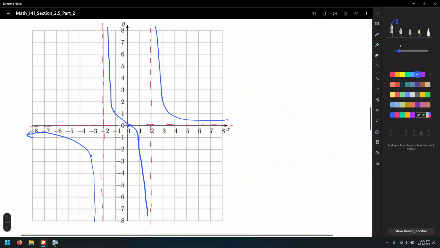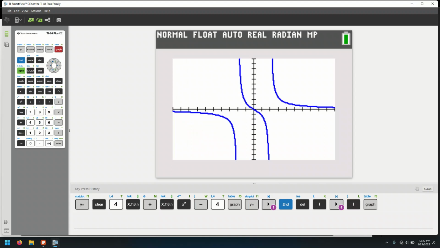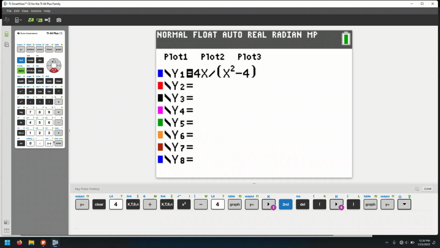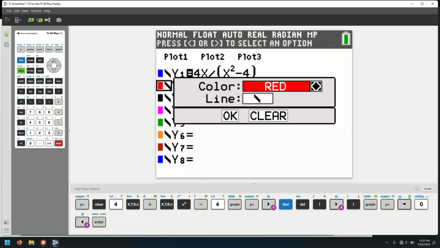And let's see. Do you want to draw the horizontal asymptote? There's a little trick. The horizontal asymptote is y equals 0 over here. And then over here you have additional ways to, like shading inequality. No, we don't want to do that.